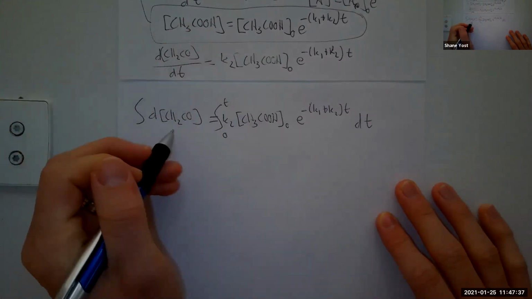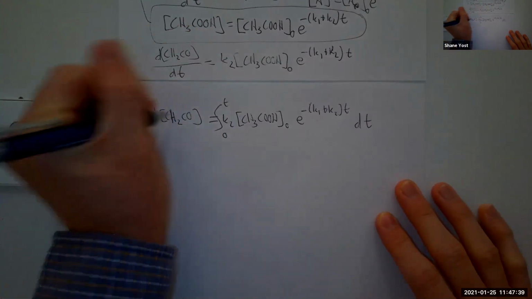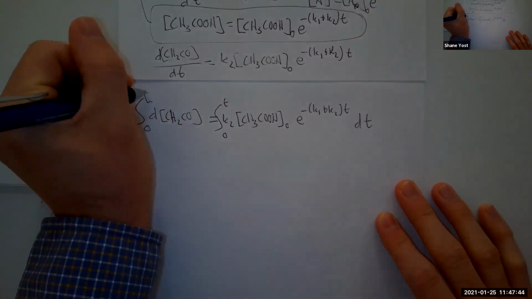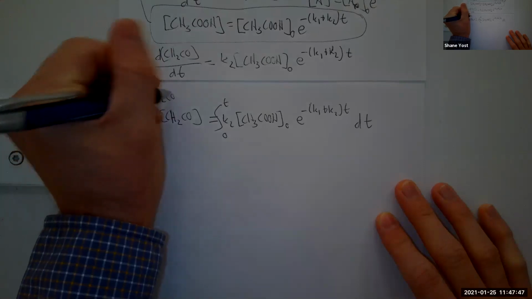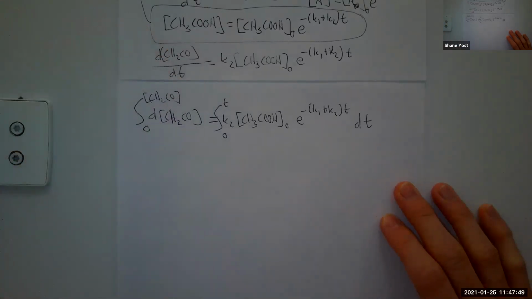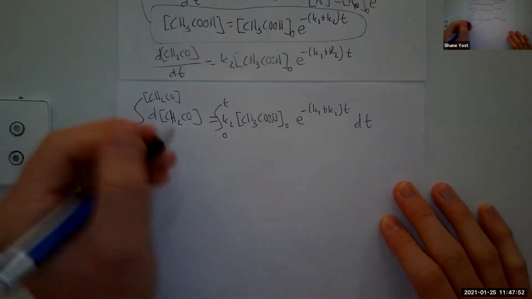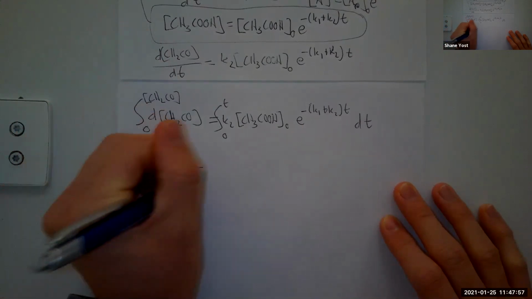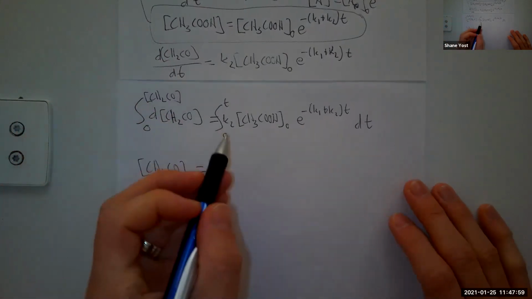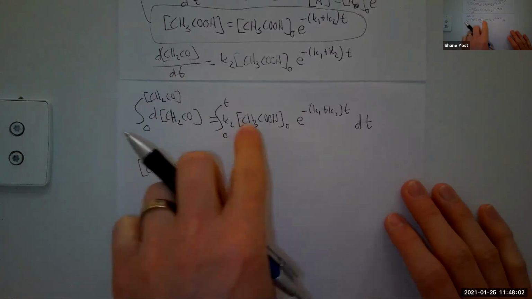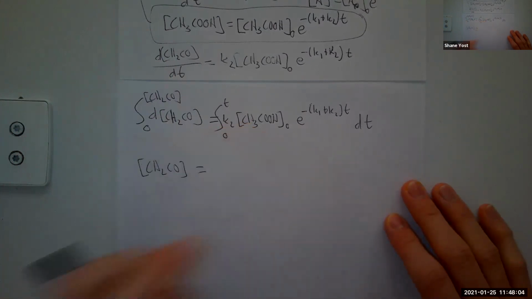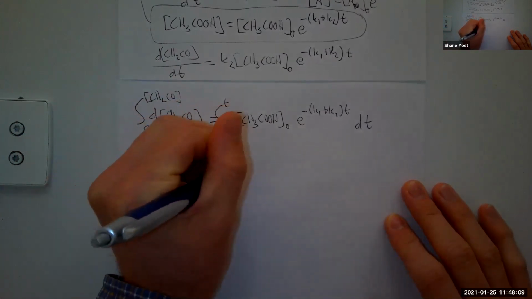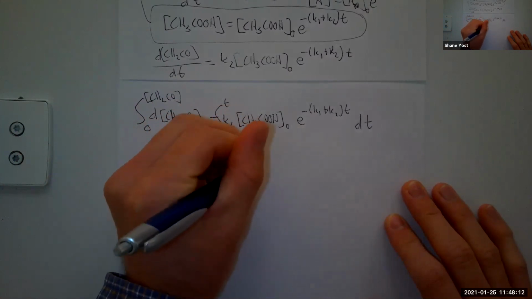My initial concentration of my product, CH2CO, is 0, and then at some time t later, I have my final concentration of CH2CO. The integral of the left-hand side just gives me the concentration of CH2CO. On the right-hand side, K2 and the initial concentration of CH3COOH are constants, so they just get pulled out.